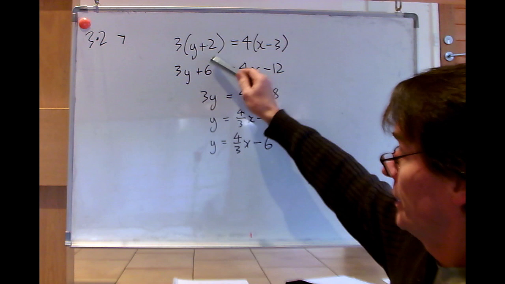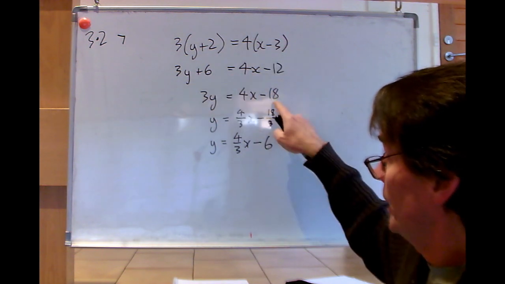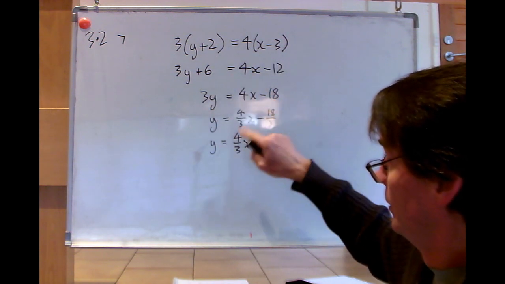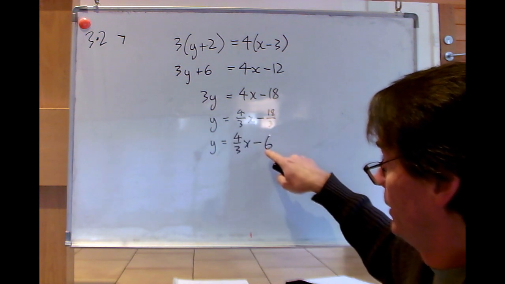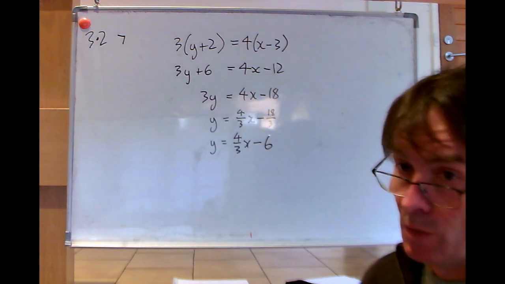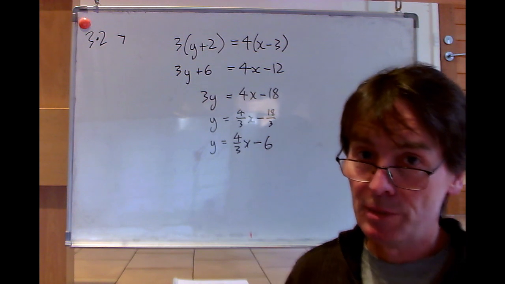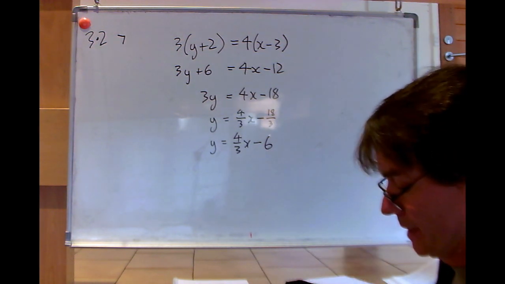So, expand the brackets, subtract 6 from both sides, divide through by 3, and I get my equation in the form of y equals mx plus c, which I can now sketch.